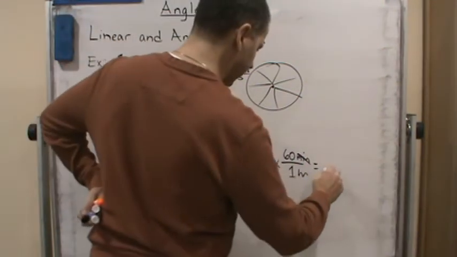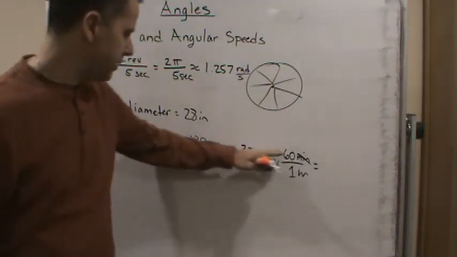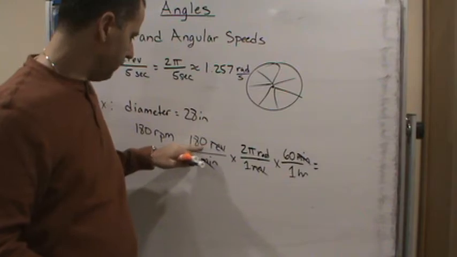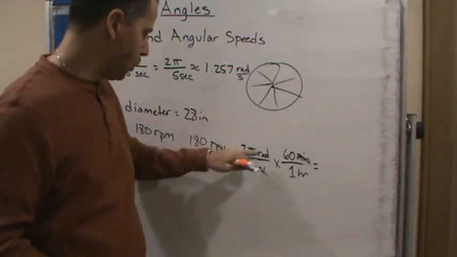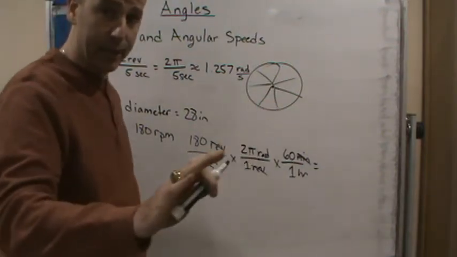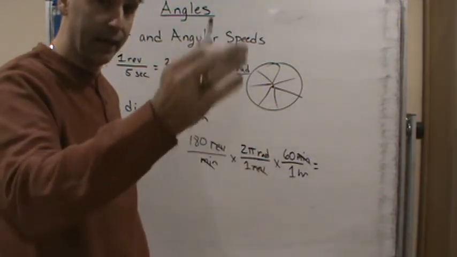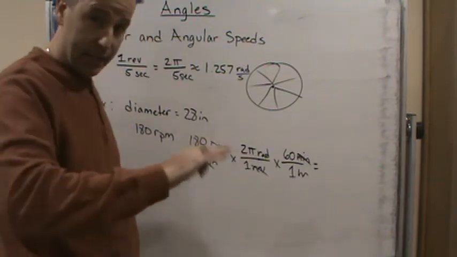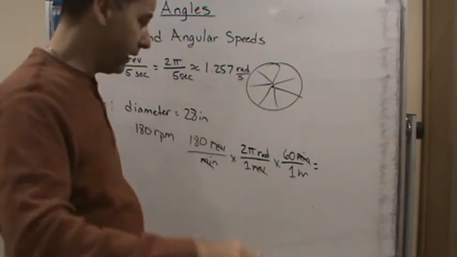If I multiply across the top and the bottom, I get 180 times 2 pi times 60. Again, I'm not going to do my calculation until the very end. I'm not going to estimate things. I'm going to keep everything exact until I get my final calculation.